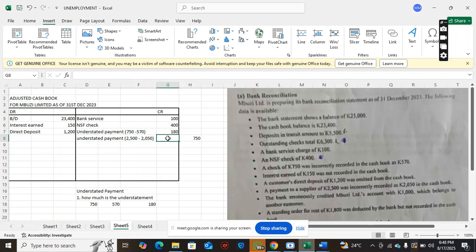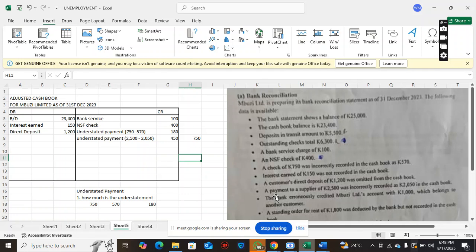Now at least tonight I can sleep well then. 2,500 minus 2,050, just the 450. Okay. All right.